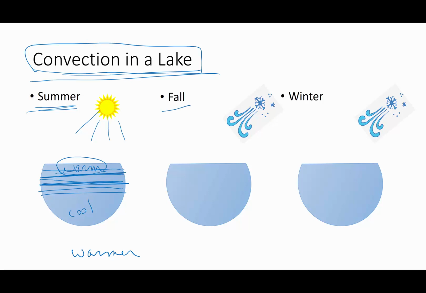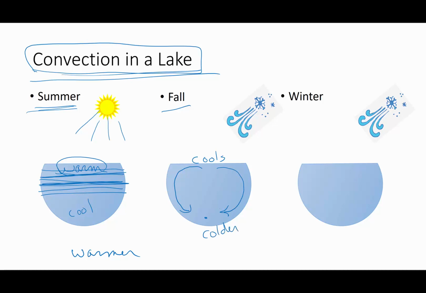In the fall, the cold winds start to blow, and as they blow, they cool the water at the top. It will cool this water at the top until it gets to a point where it is cooler than the water down below. As the water on the top becomes colder and more dense, it's going to sink.